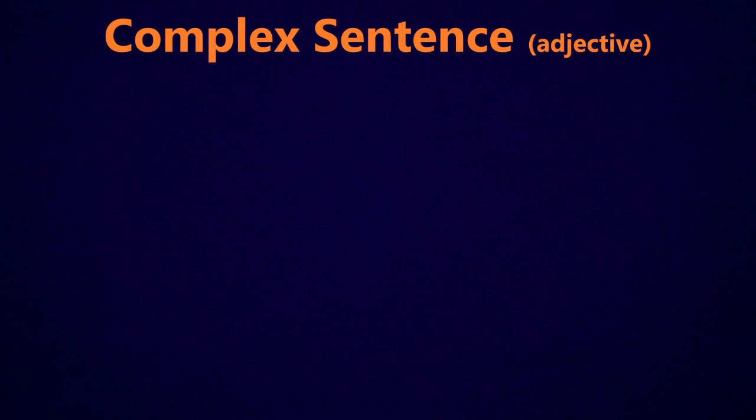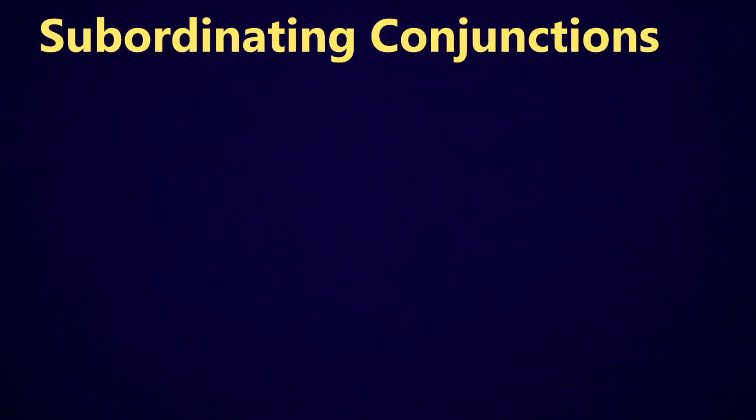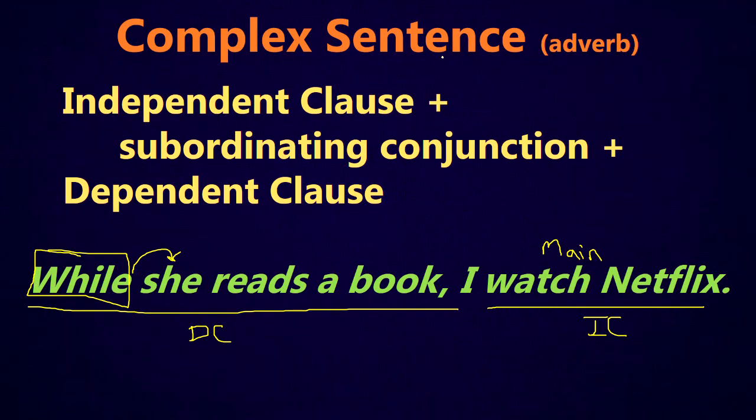Okay, so the other type of complex sentence we have is the adjective one. An adverb complex sentence is giving us some information about the action in the main clause. So, while she reads a book, I watch Netflix. I watch Netflix is the main clause.